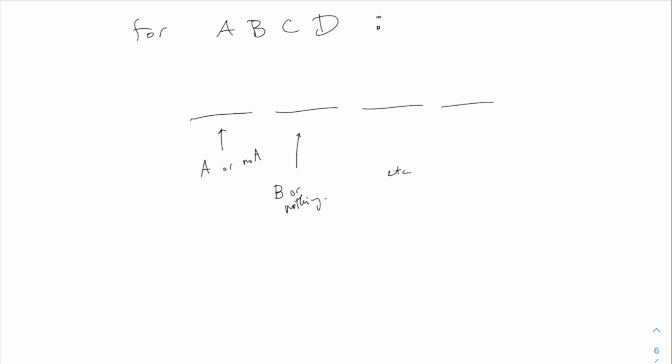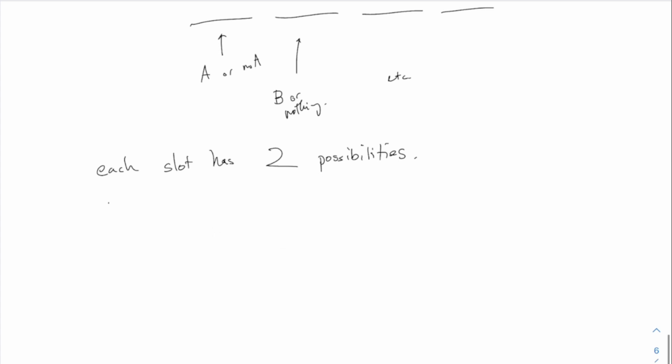That would be 2 times 2 times 2 times 2, which is 16. Each slot has 2 possibilities, because each one is either yes or no. Is the A in there or not? Or is the B in there or not?